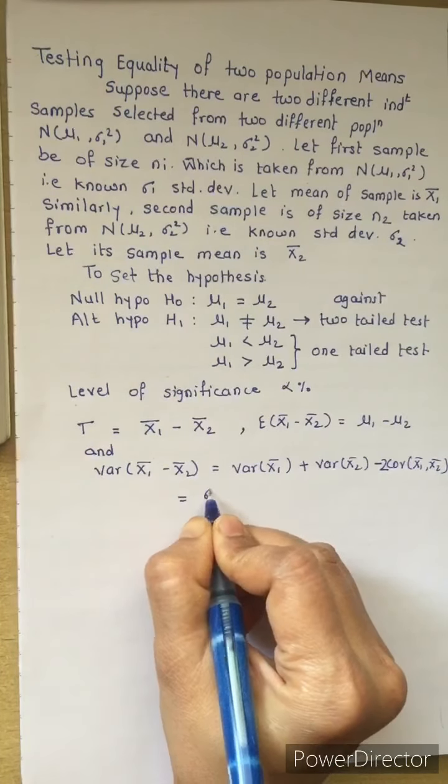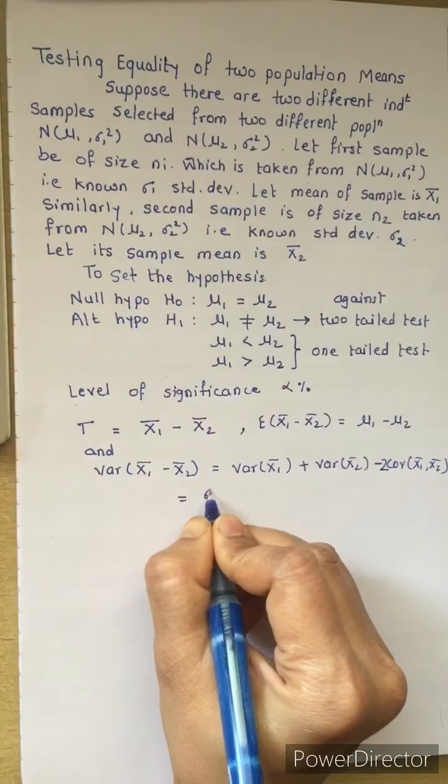That is, the square root of sigma 1 square upon n1 plus sigma 2 square upon n2. Now we consider that our H0 is true when we solve the example. Okay. So under H0 we'll take all the values.